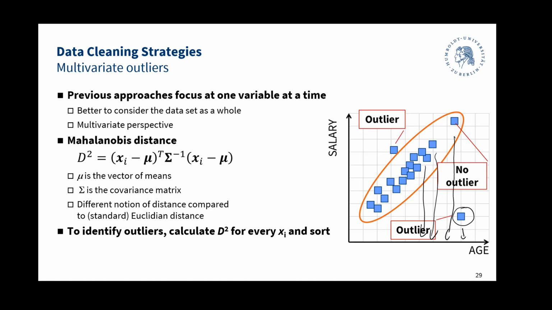We identify outliers by calculating that for every data point and sorting them, to check which are the ones most dissimilar from the central points of the distribution, accounting for the covariance, and then flagging these points as outliers or examining them in more detail. That's quite complicated, so it's good to be aware of that.